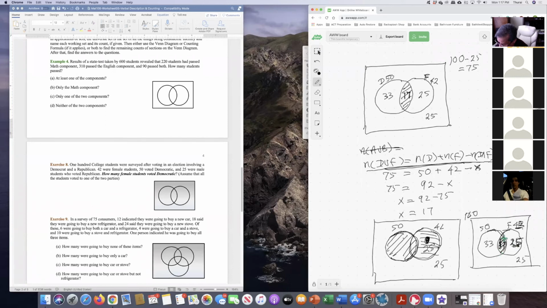That's 17. 42 is for the entire circle F. Subtract the 25, that gives you 17 for the middle. Now, on this first circle, D, the entire circle has 50 elements. The intersection part has 17. So 50 minus 17, 33 must be here. Okay?